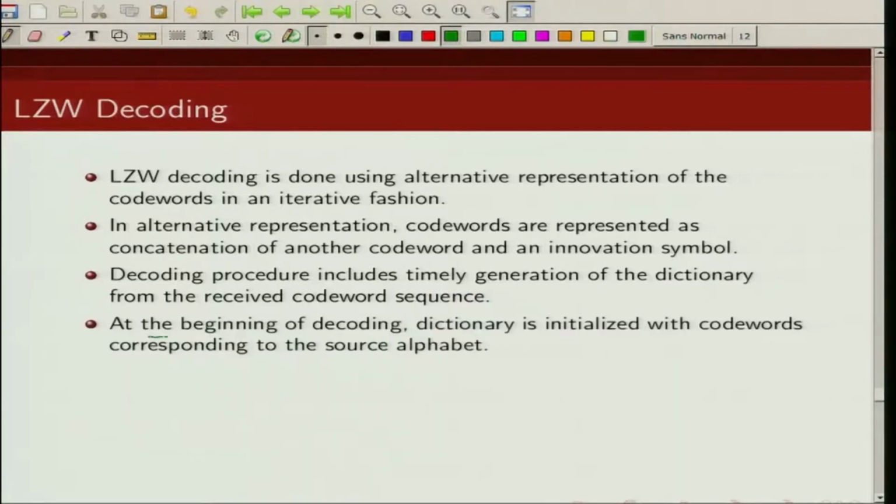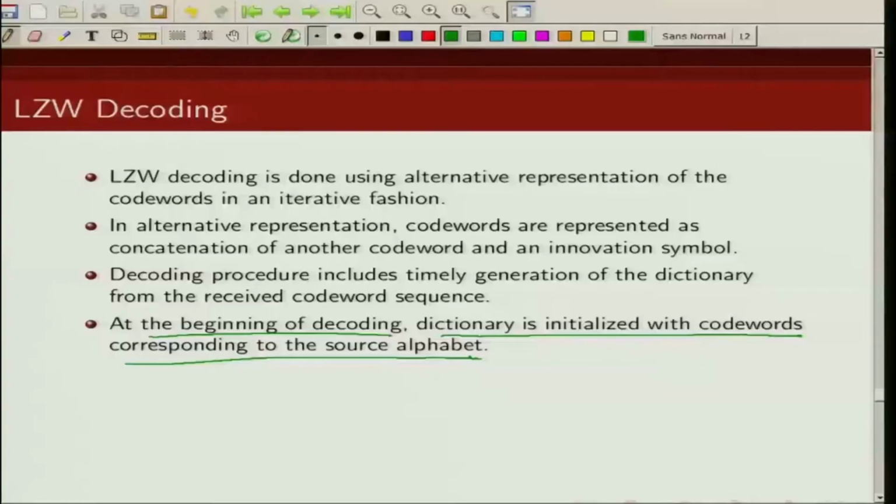At the beginning of decoding, we initialize the dictionary using code words of length 1. In the previous example we were considering a binary sequence, so we will initialize the dictionary at the decoder with 0 and 1.